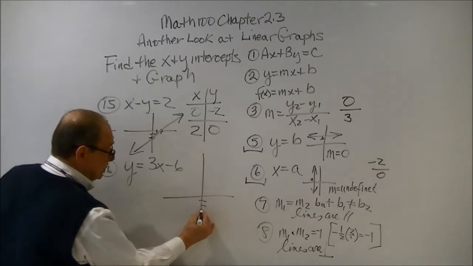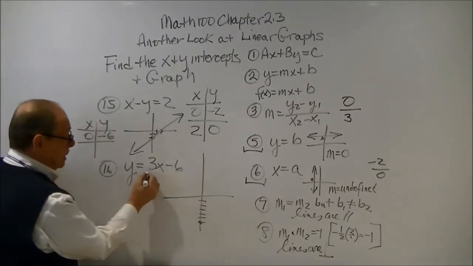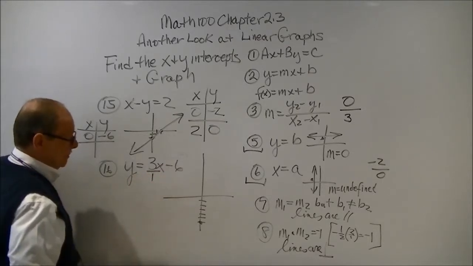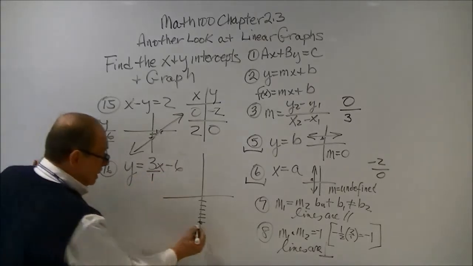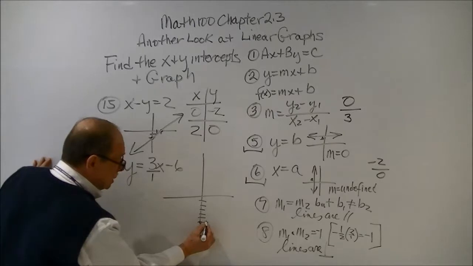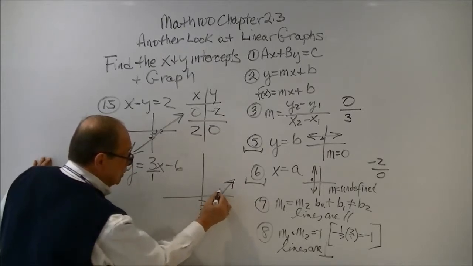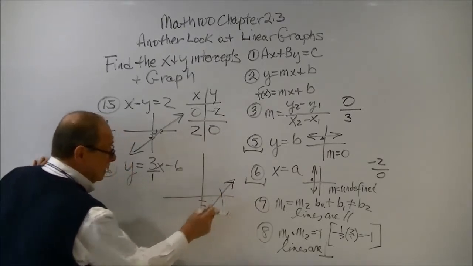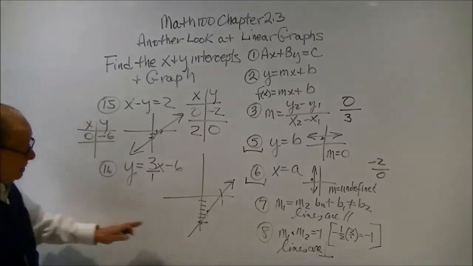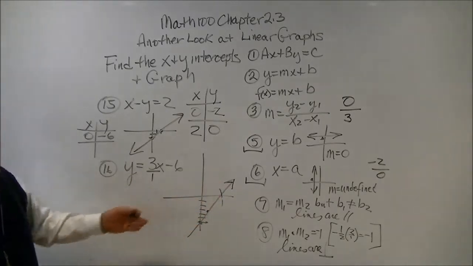So 1, 2, 3, 4, 5, 6, a dot right there. Now our slope is 3/1. So using that technique, we're going to go over 1, up 3, and then this gives us our line. So our x-intercept is right there. We don't know what it is, but this is a valid way.